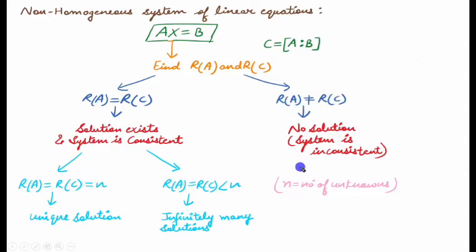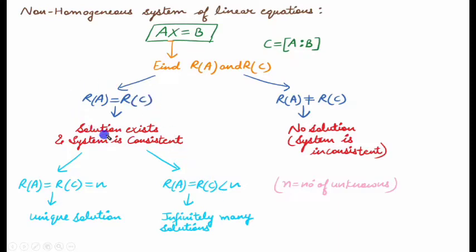It means the system is inconsistent. So these are the two parameters, rank of A and rank of C. When they are equal, the system is consistent. But this system can be consistent either with a unique solution or infinitely many solutions.